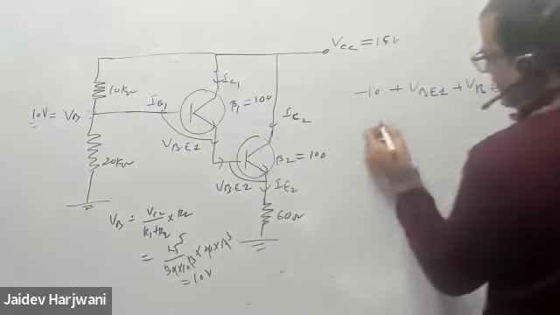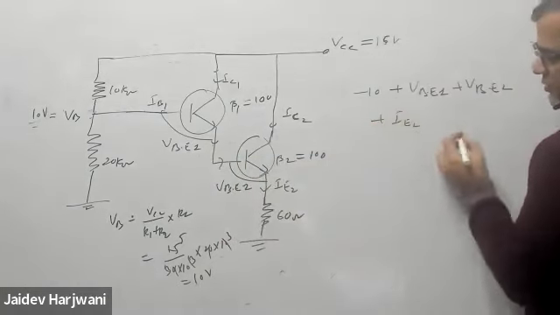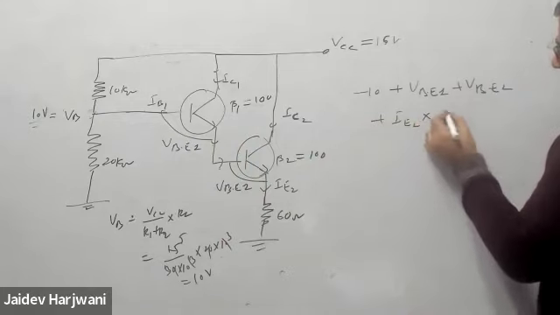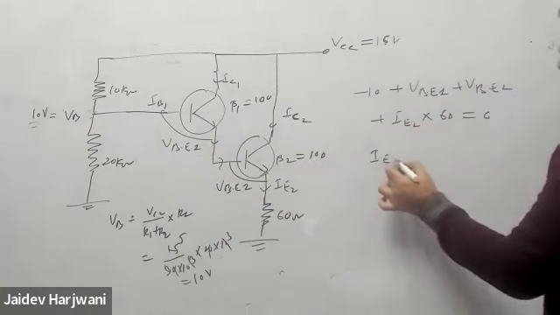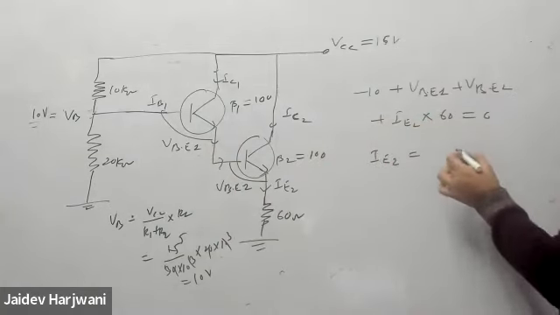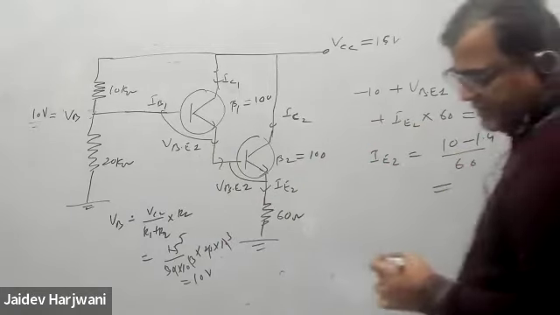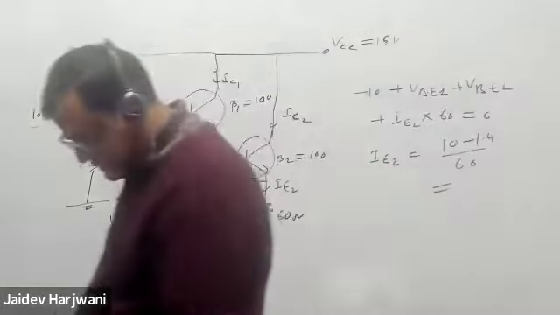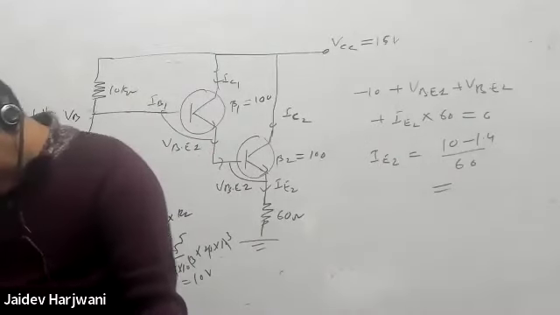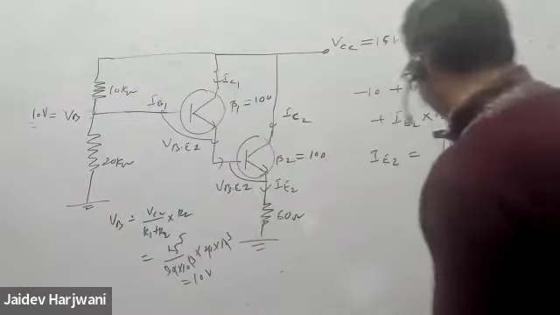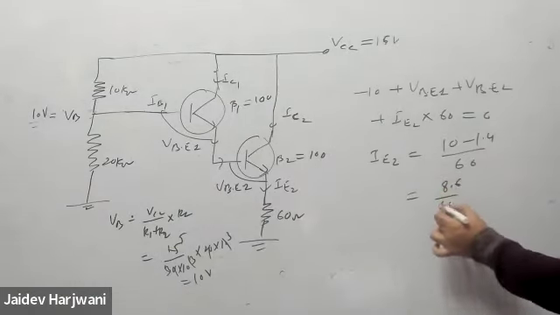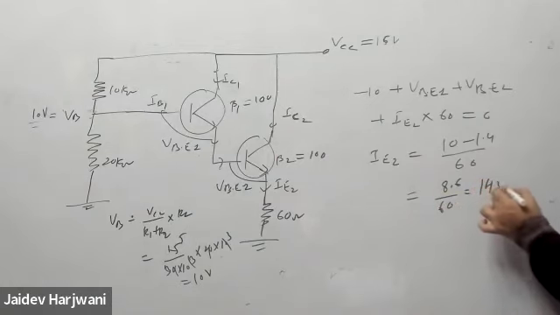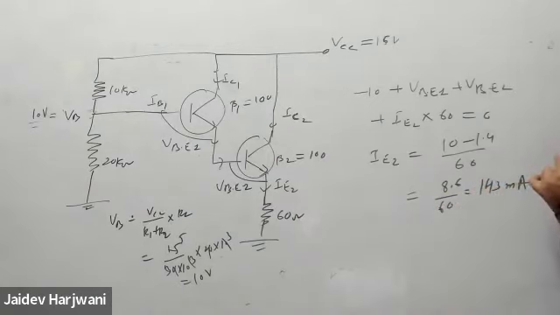Then you can come directly here, IE2 into RE 60 ohm plus 0. From there you can find IE2. IE2 will be 10 minus 1.4 divided by 60. How much is coming? So this is 8.6 divided by 60, 143 milliampere.